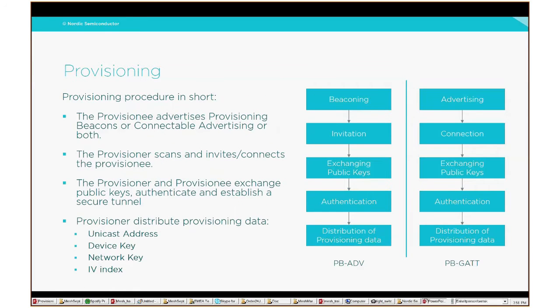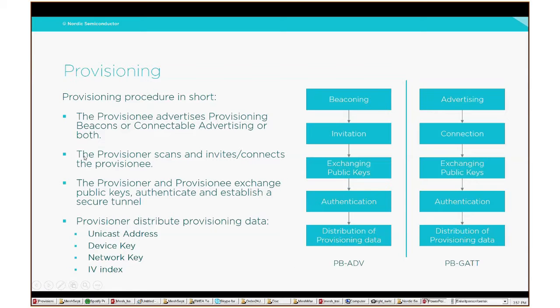So in short, what the provisioning procedure is: first, the provisionee advertises the provisioning beacons or advertises as a connectable device, or both of them if it supports both PB-ADV and PB-GATT. PB stands for provisioning bearer.